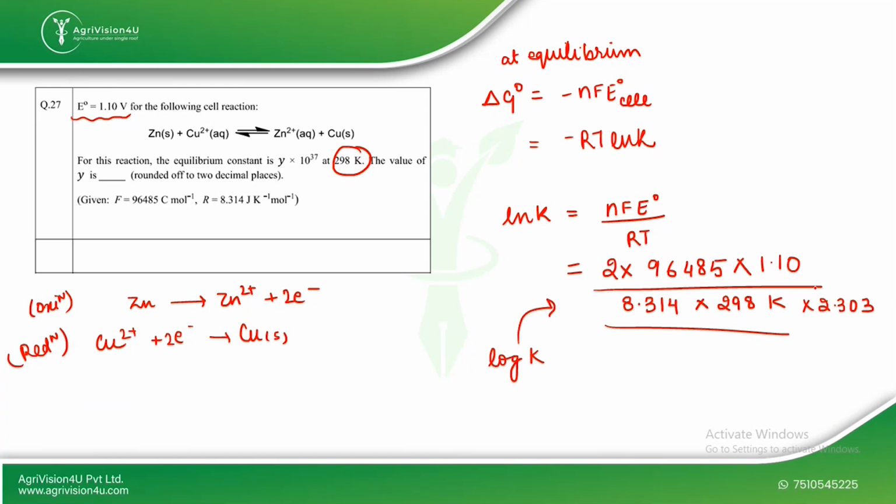In the case of log K, we basically write 2.303 log K equal to this. This term has been brought here, which means that log K is equal to 37.201, and if I take the anti-log, K will be 1.58 into 10 raised to the power 37. So the value of Y will come out to be 1.58.